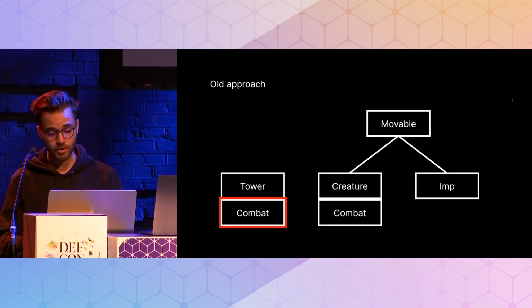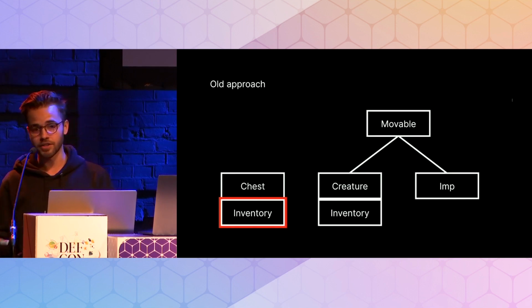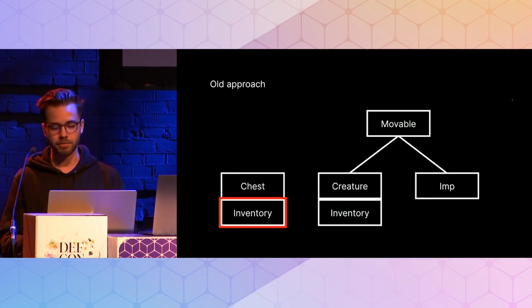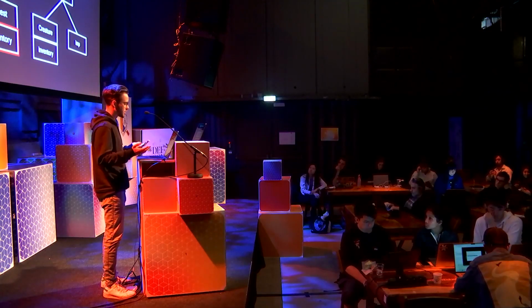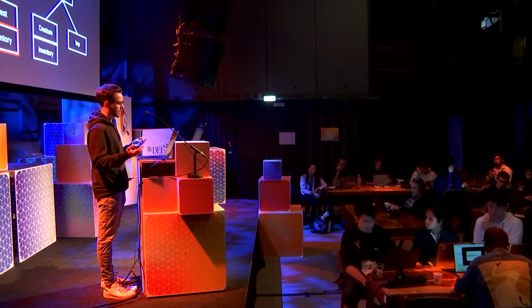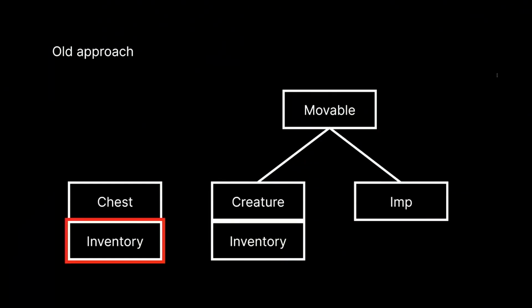So what we had to do is kind of duplicate the logic into the tower class and also have the logic in the creature class, which is not as nice. And then we had chests which had an inventory, but then at some point we also thought of giving inventories to creatures, which again ran into the same problem, had to duplicate the code. So we thought about, okay, how can we solve this problem?